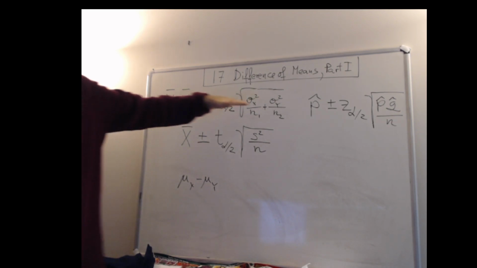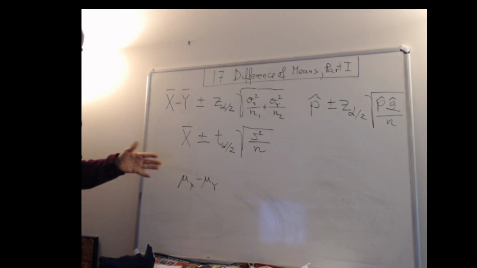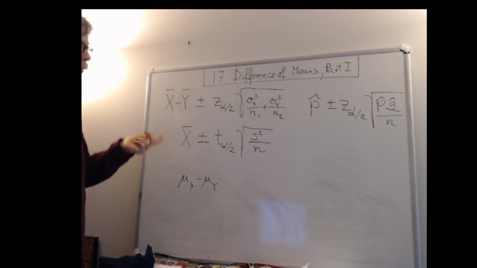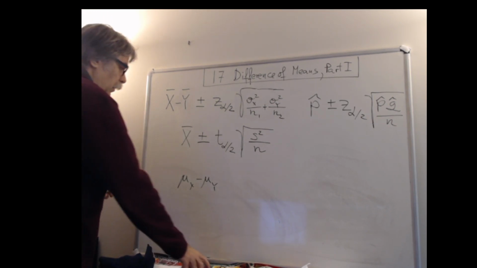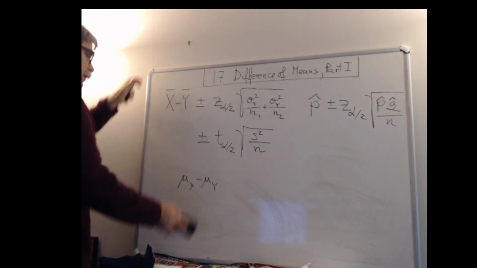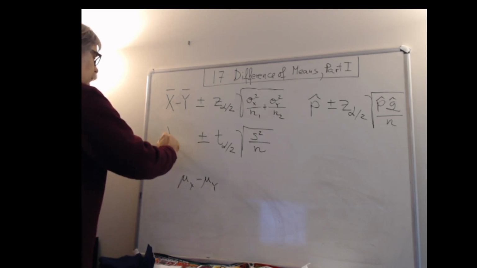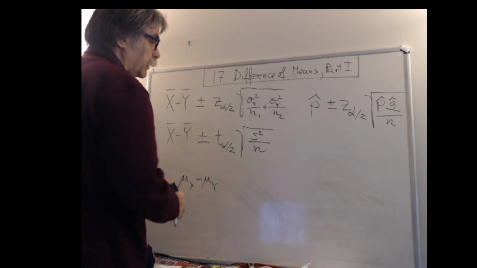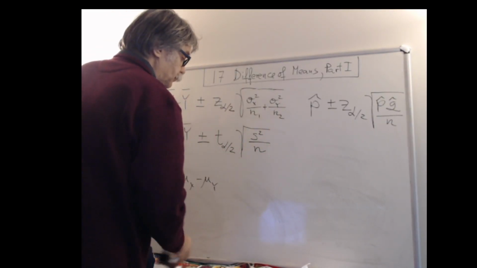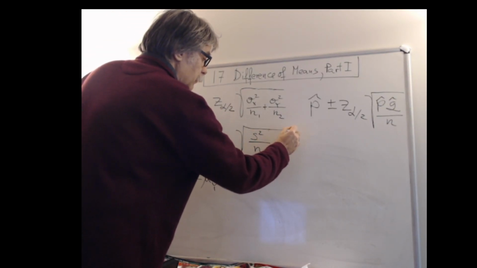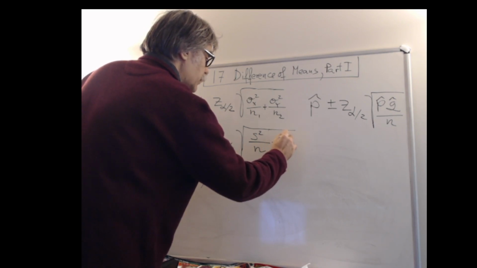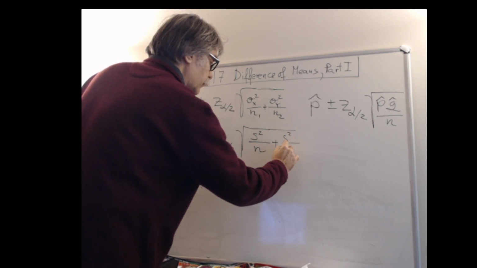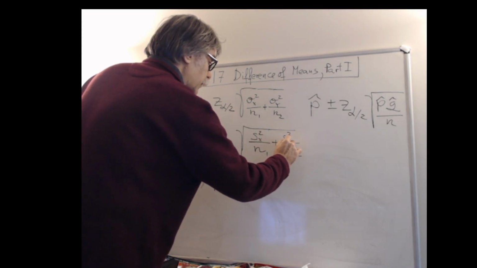Okay, this is my estimate. What's going to change in the t-estimate? Nothing special. I'm just going to have the same point estimate. And I'm going to have here two sample standard deviations, one for x and one for y.